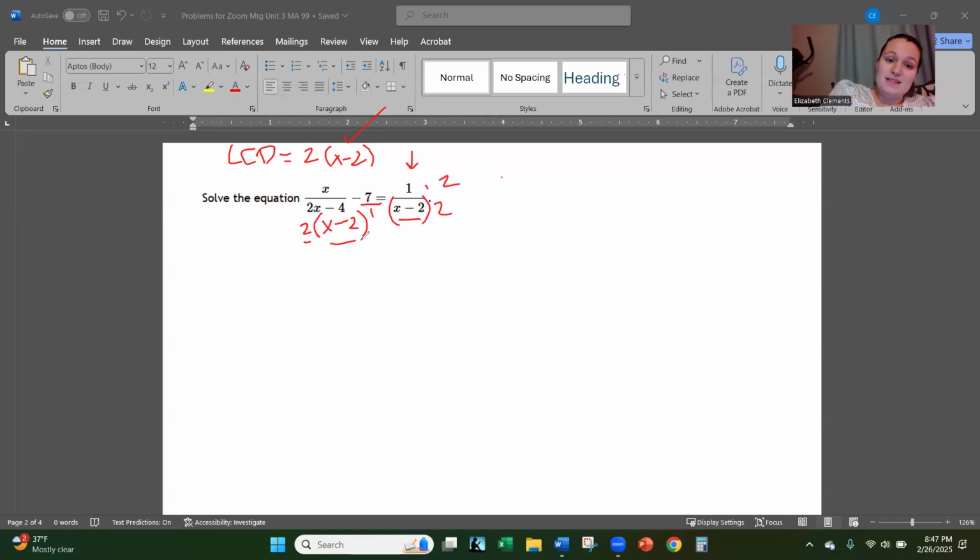And then the 7 also needs to have the common denominator. So I have to have 2x minus 2 in the denominator and 2x minus 2 in the numerator. So now I have x over 2 times x minus 2 minus 7 times 2 is 14.